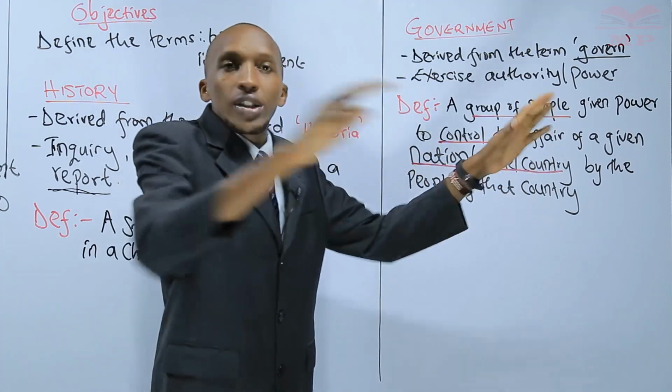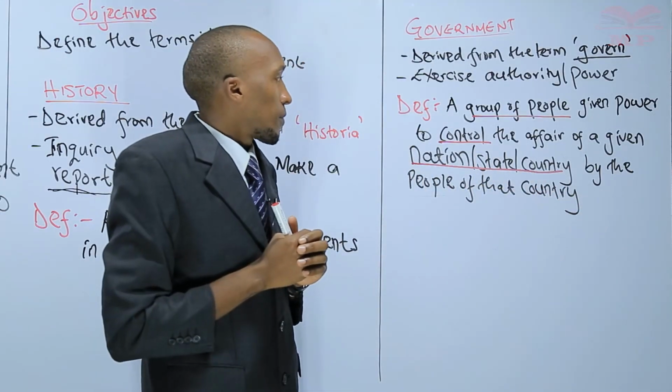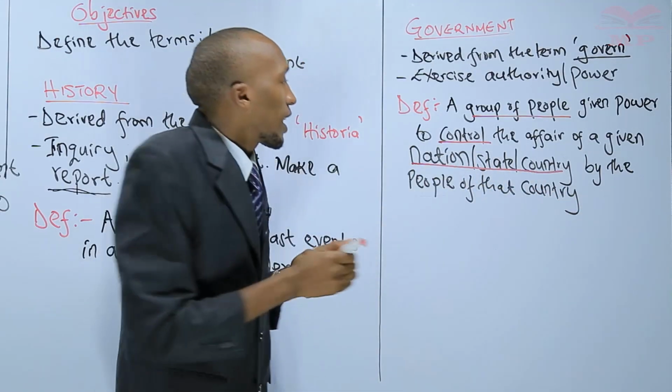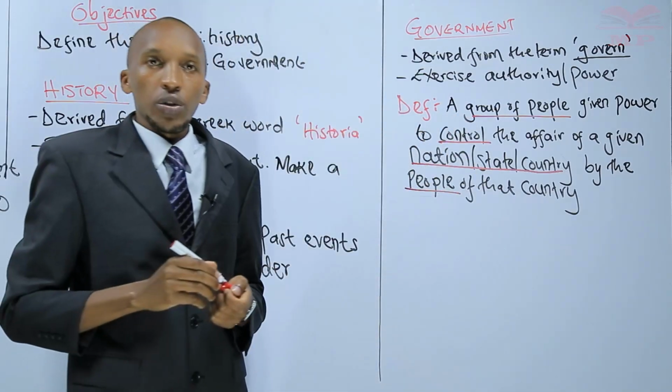So they do not just operate anywhere. They have to operate within given confines. And where do they get this power? They get this power from the people of that nation.